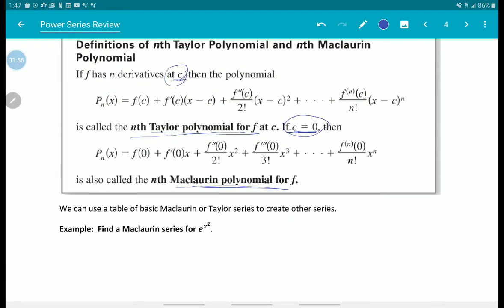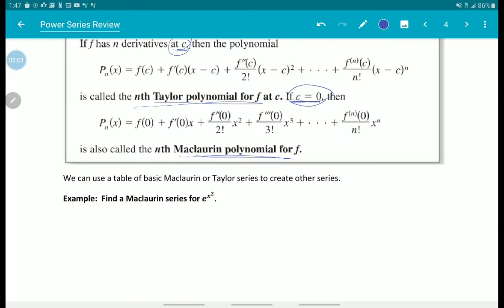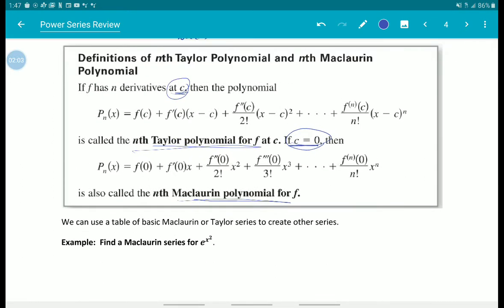That's an important piece. I can't forget that. So around that center, it would be a really nice approximation. So I want to dive into that a little bit more before I jump into this Maclaurin series for e to the x squared.